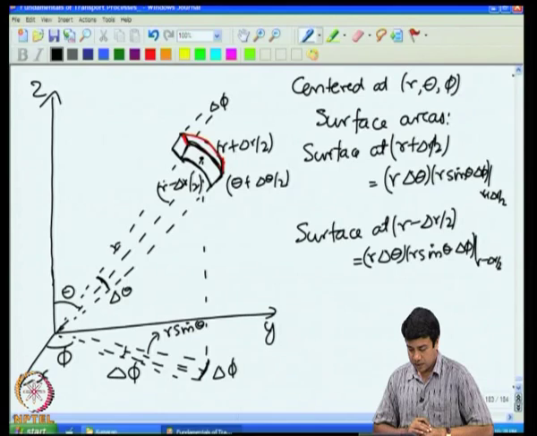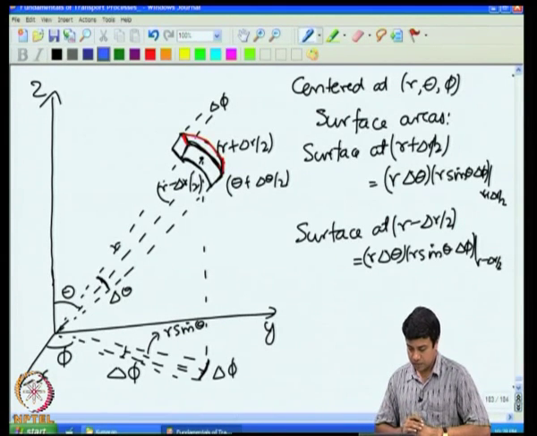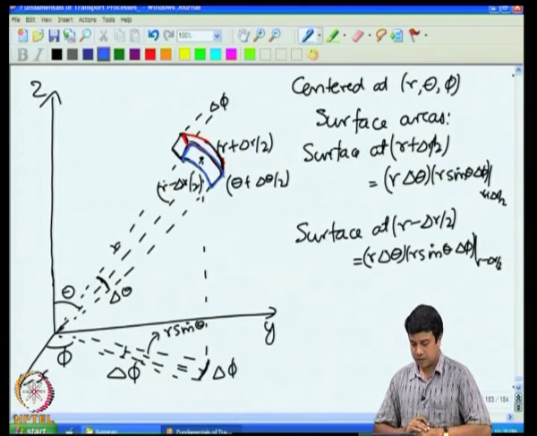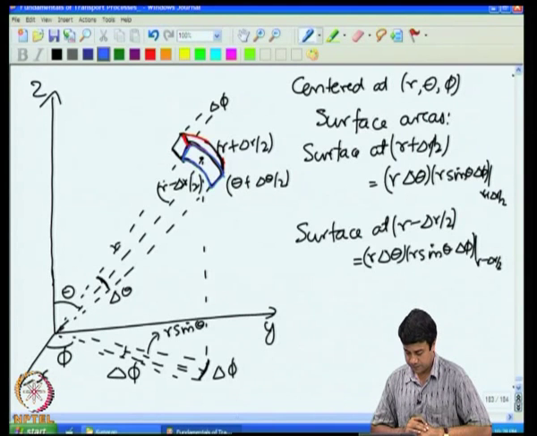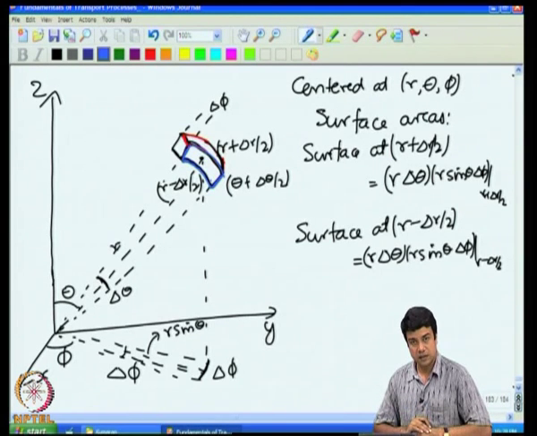What about the surfaces here? What about this surface and the similar surface at the back? They are bounded by this line, which is delta r, and this one, which is r delta theta.